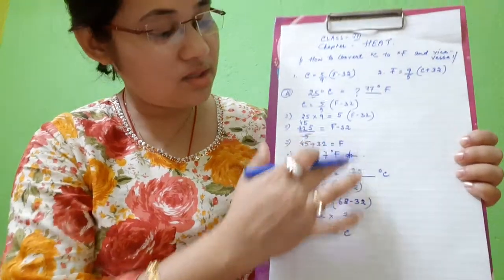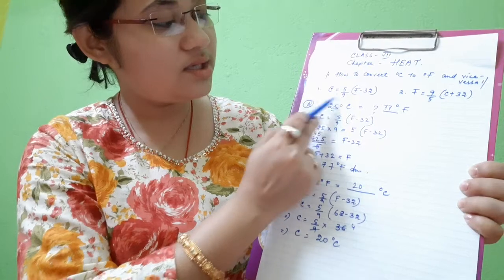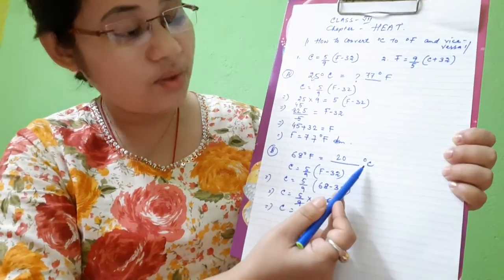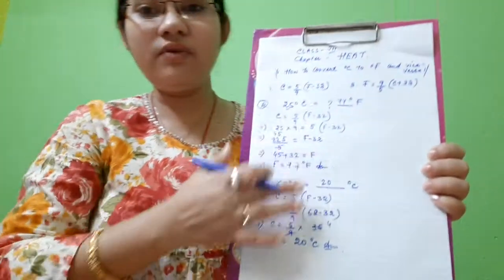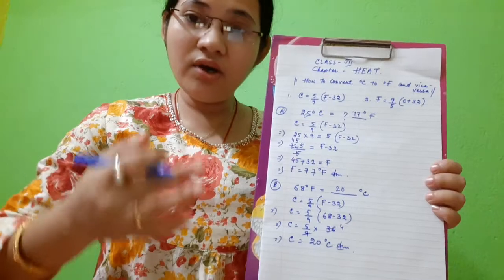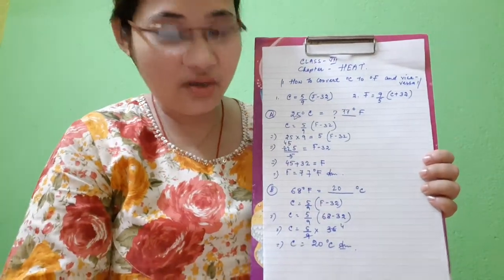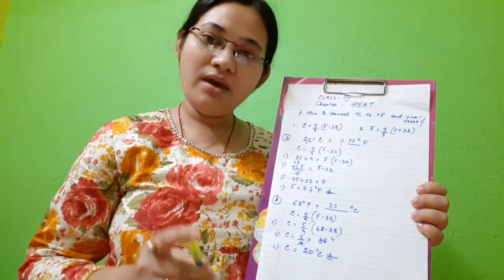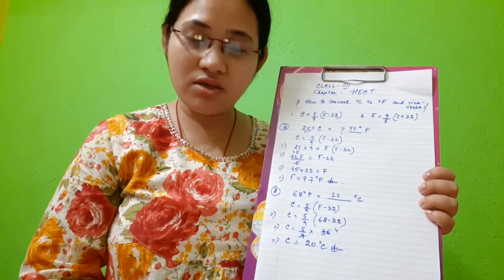In this way we can easily calculate degree Celsius into Fahrenheit, or Fahrenheit, if it is given, into degree Celsius. I will give you some sums. You will do those sums in your classwork copies, and please practice these sums. This may come in the examination also.